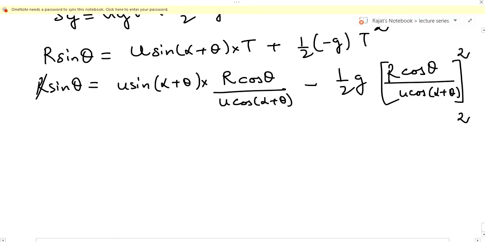One r will cancel out: this will be r square and it will become r.